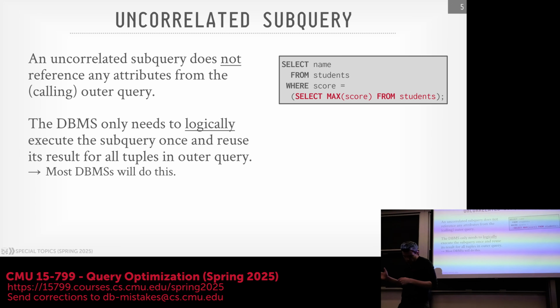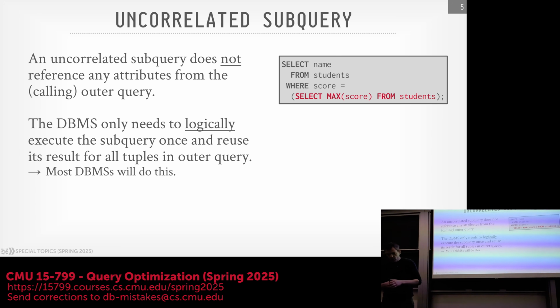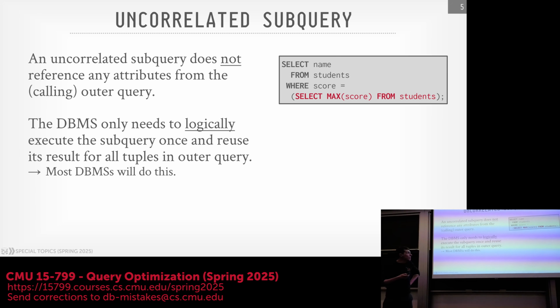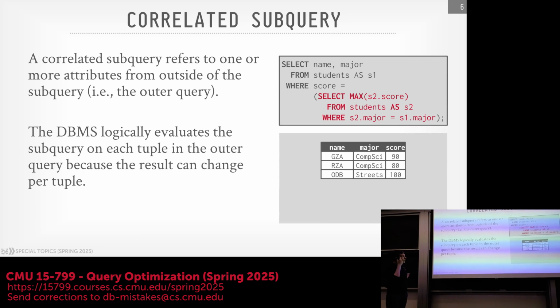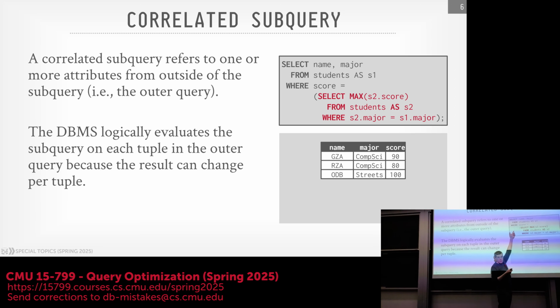So again, uncorrelated subqueries aren't hard. We can handle those. It's the correlated subqueries that are going to cause problems for us, because the inner query is going to rely on some attribute or data from the outer query. And now the context of when the inner query gets executed is going to matter.